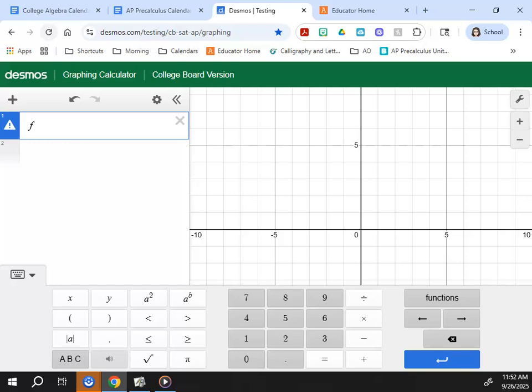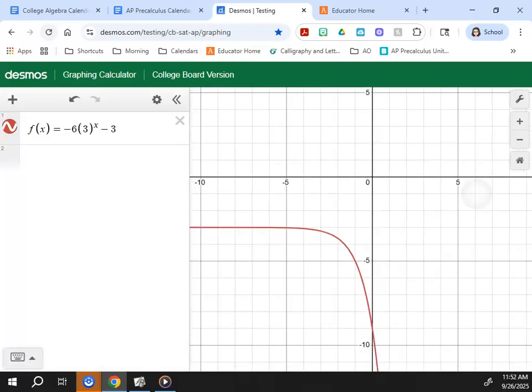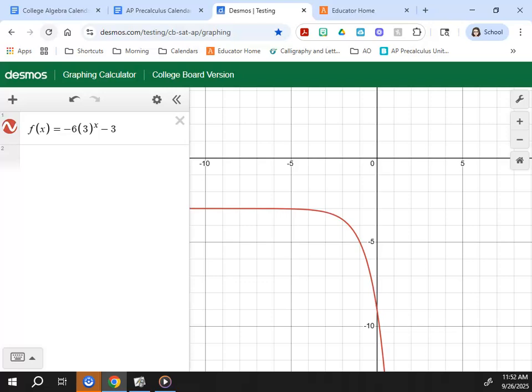So let's type this in. F of x equals negative 6 times 3 to the x power minus 3. We are looking for a function that has a minimum at negative 3.